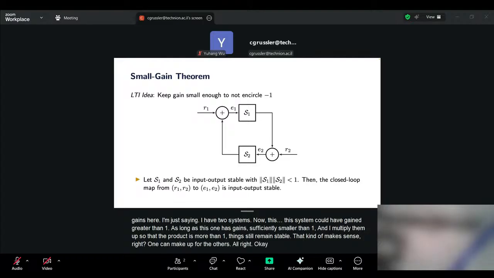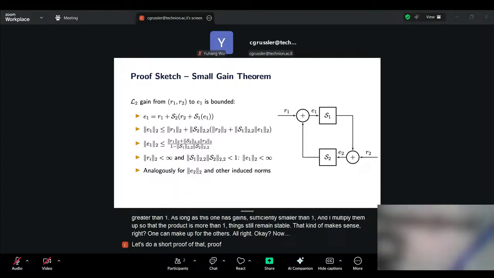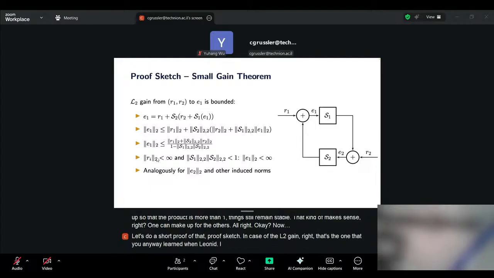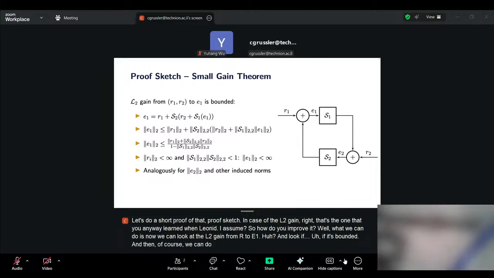Okay. Now, let's do a short proof sketch of that, in case of the L2 gain. That's the one that you anyway learned already, I assume. So how do you prove it? Well, what we can do is look at the L2 gain from R to E1, and look if it's bounded. Then we do the same from R to E2, and if they're both bounded, then that's it.